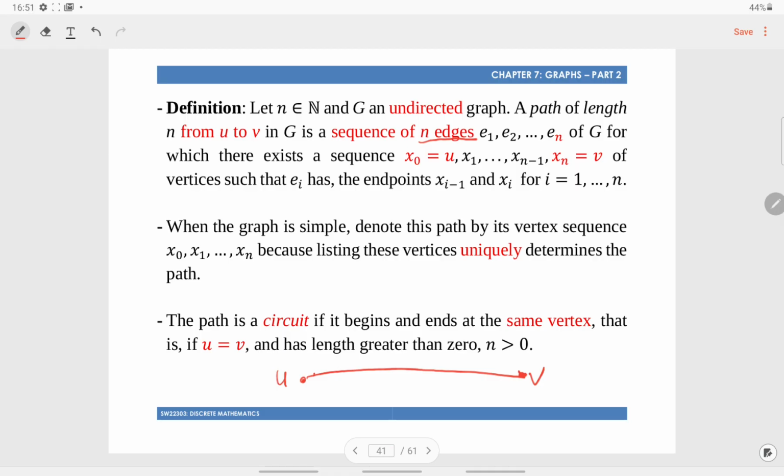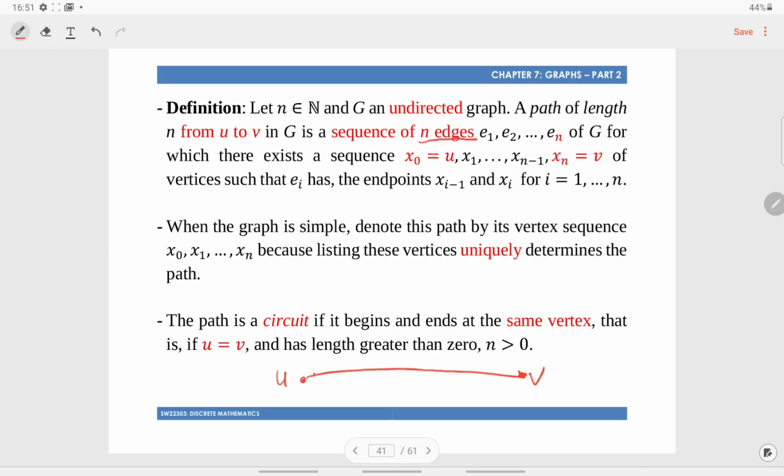That's why the length is n. A sequence of n edges denoted as E1, E2 up to En of the graph G, for which there exists a sequence x0, which is equal to U, x1 up to xn-1, up to xn, which is equal to V, of vertices such that Ei has the endpoints xi-1 and xi for all i equal to 1 up to n.